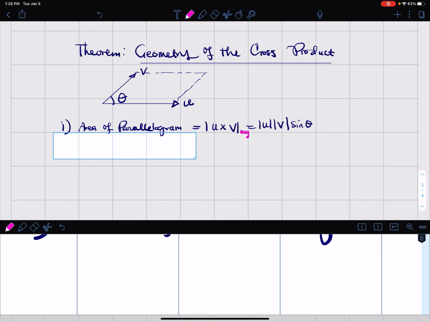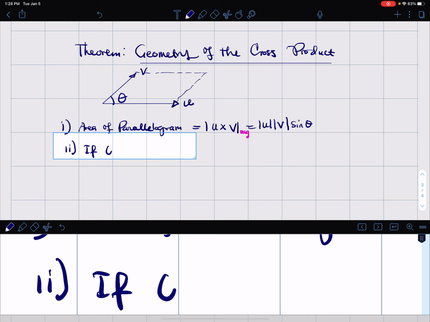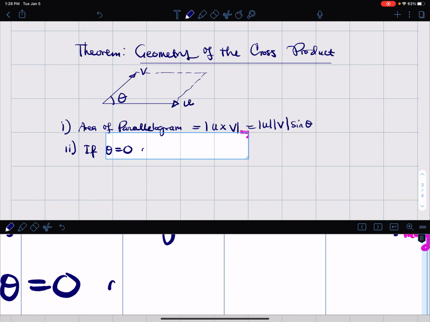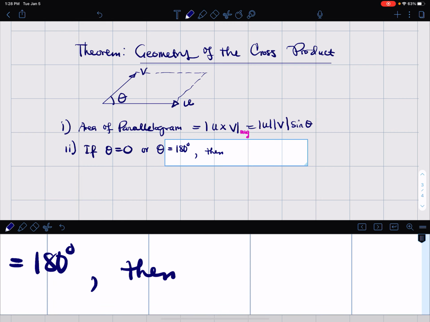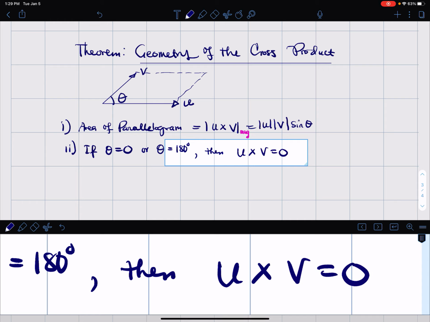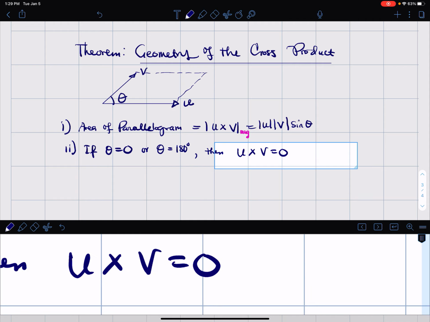Okay. Now, if theta is equal to 0, or theta equals 180 degrees, then U cross V is equal to 0. So in other words, when we have two parallel vectors, their cross product is going to be the 0 vector.